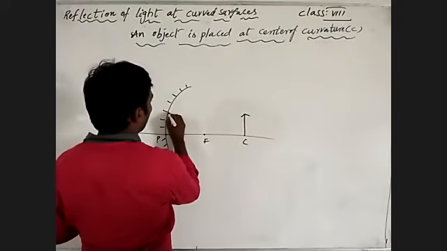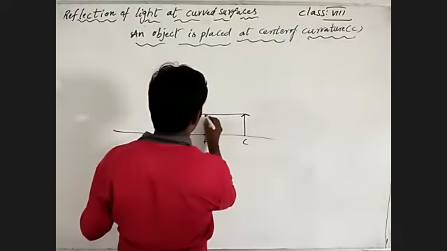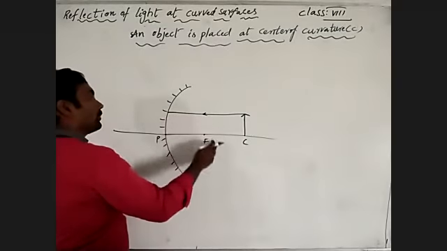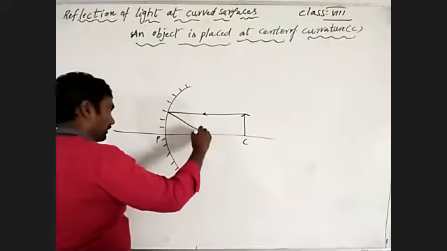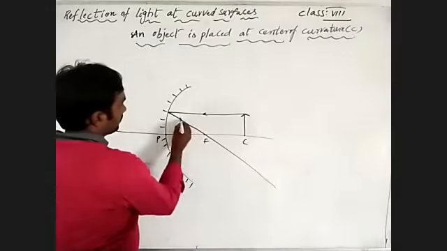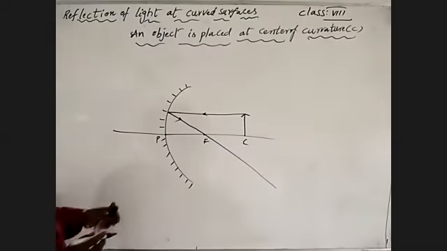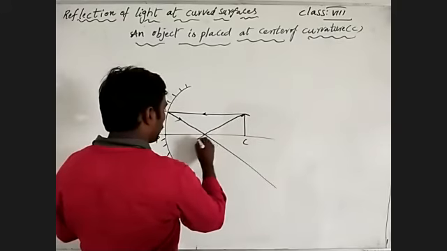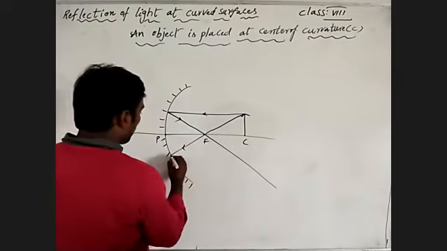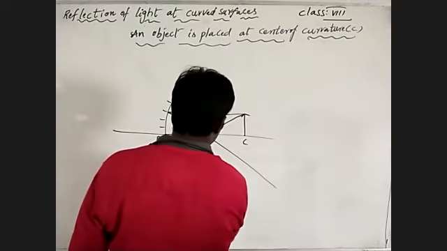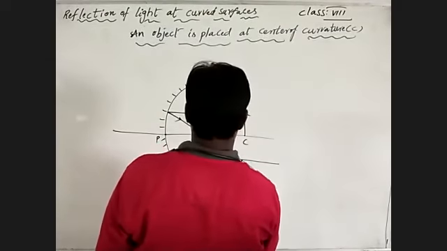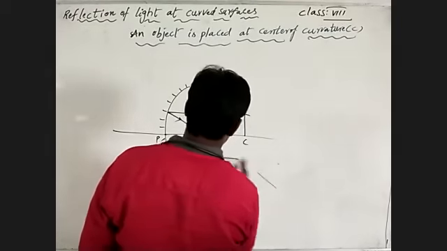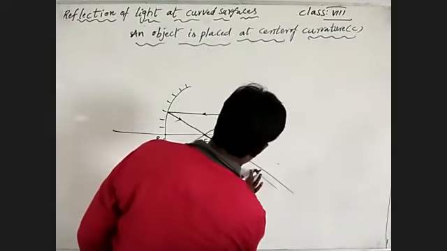A light ray coming from the tip of the object takes reflection through the focus, when it travels parallel to the principal axis. And one more light ray we can draw through the focus. It gives reflection parallel to the principal axis.